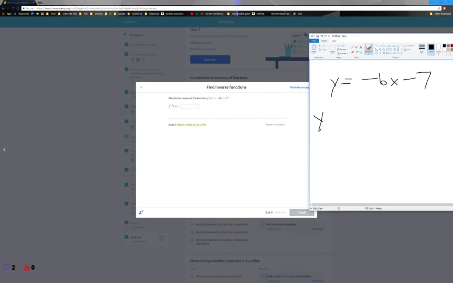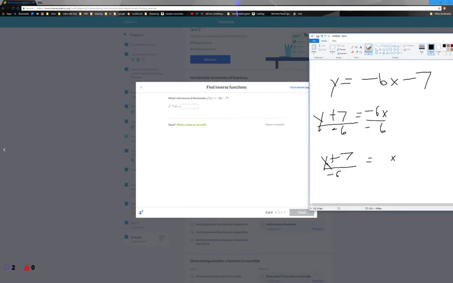We'll add 7, y plus 7 equals negative 6x. We'll divide by negative 6. So x equals y plus 7 over negative 6.